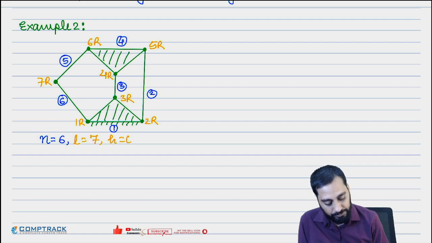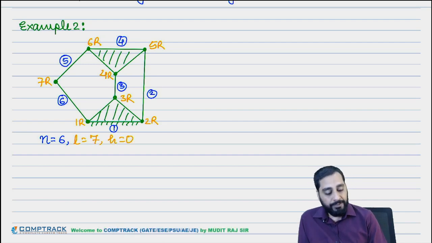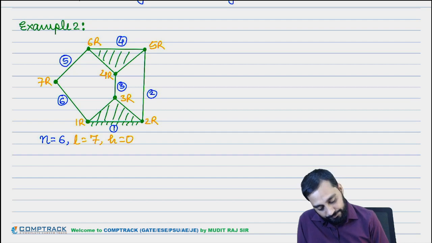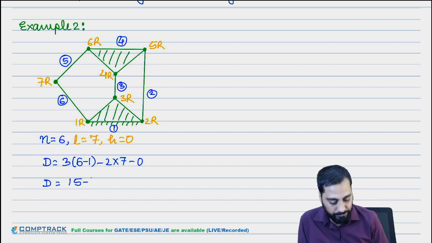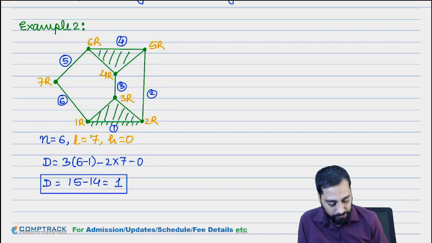Number of higher pair 0. ठीक. Find the degree of freedom. And there is no redundant also, so no need to write. So simply 15 minus 14 equal to 1. So it is a mechanism, yes or no?